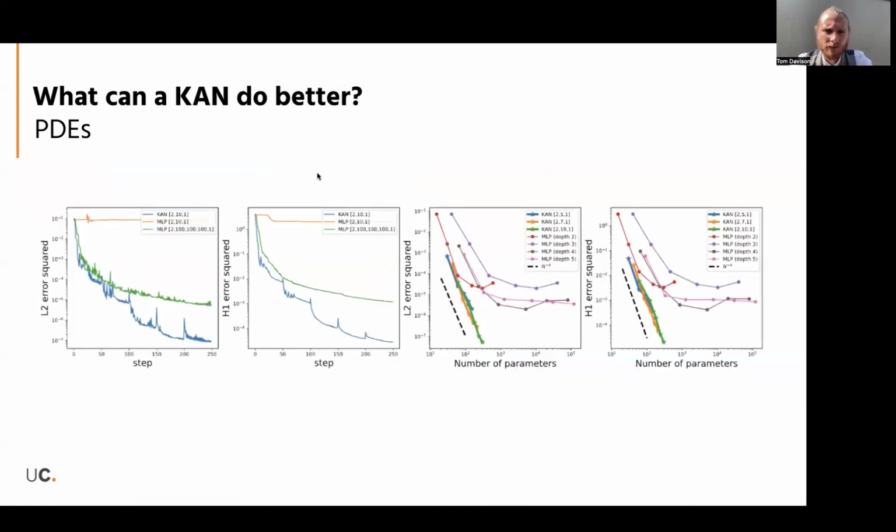Perhaps it's more demonstrative on PDEs, partial differential equations, where it blows everything else out of the water. With an MLP example, we've got an architecture of 3 hidden layers, each with 100 nodes. It does pretty well, going down to an L2 squared error of 10 to the negative 4. That's pretty awesome. If you do a CAN implementation, it goes a bit better. But look at that architecture: it's only got a single hidden layer with 10 nodes.